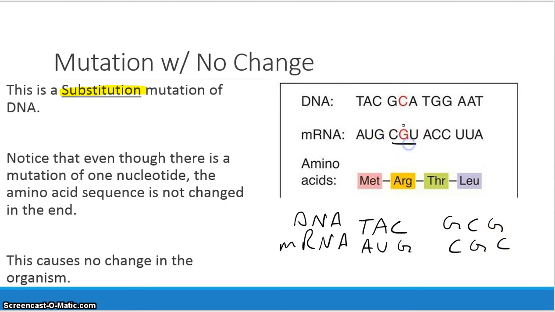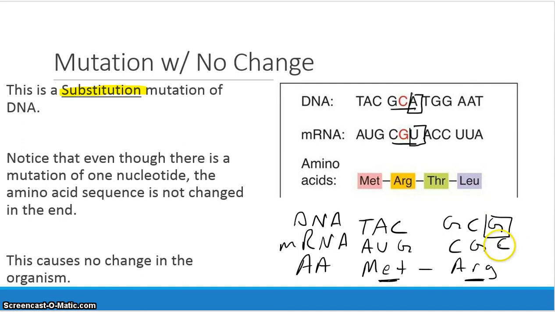Okay, so you can see that that's different here. All that I did was change that letter, which in turn changed this letter. So my amino acids here are still methionine, and then if you look at your codon chart, CGC still codes for arginine. So I didn't change my amino acids at all, even though this is a mutated letter. Okay, so that didn't really cause me any change.